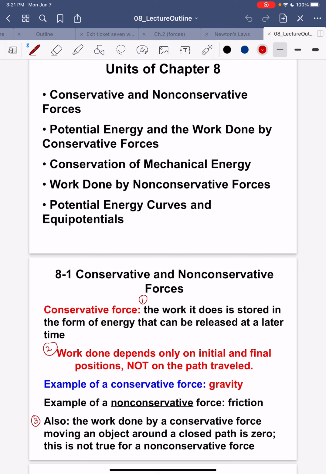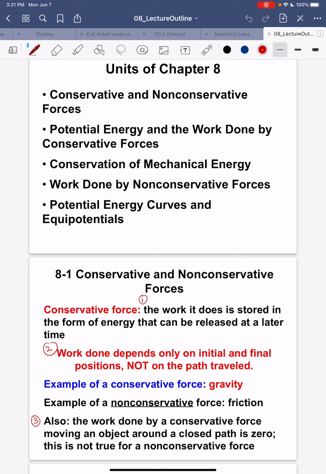Now, when we want to differentiate between conservative and non-conservative forces, I can say that a conservative force is a force whose work can be stored in the form of energy, and it can be released and used at a later time.